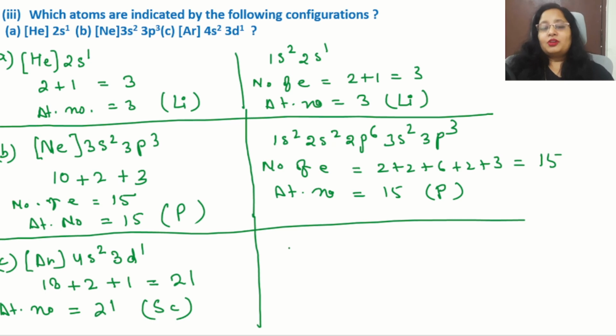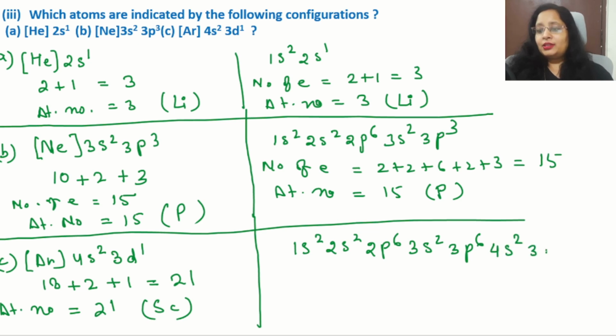The second way to solve this problem is, we will write the full configuration. So we'll start from 1s2, 2s2, 2p6, 3s2, 3p6, then 4s2 and 3d1. This is the full configuration.